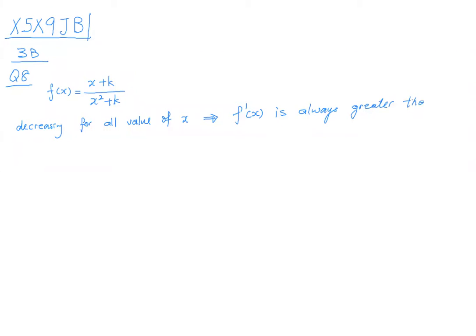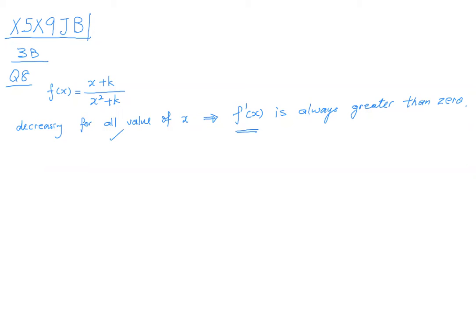This is the first interpretation I have. Now I need to get my f prime x first. They say find the range of values of the constant k to satisfy this condition.